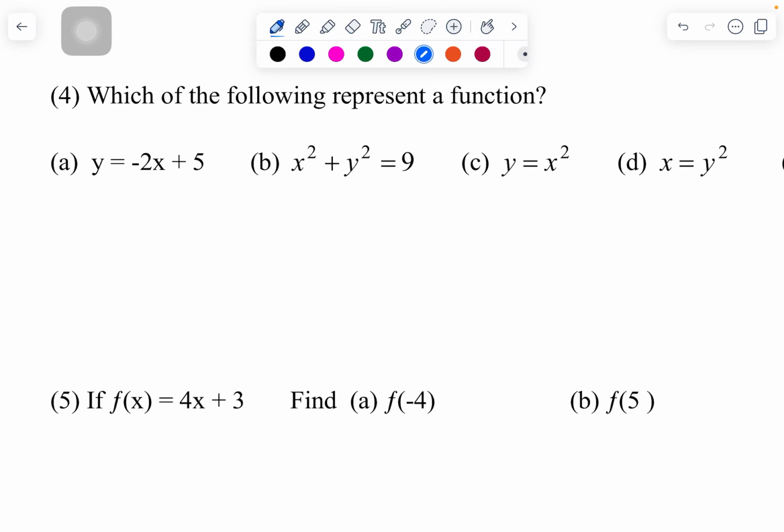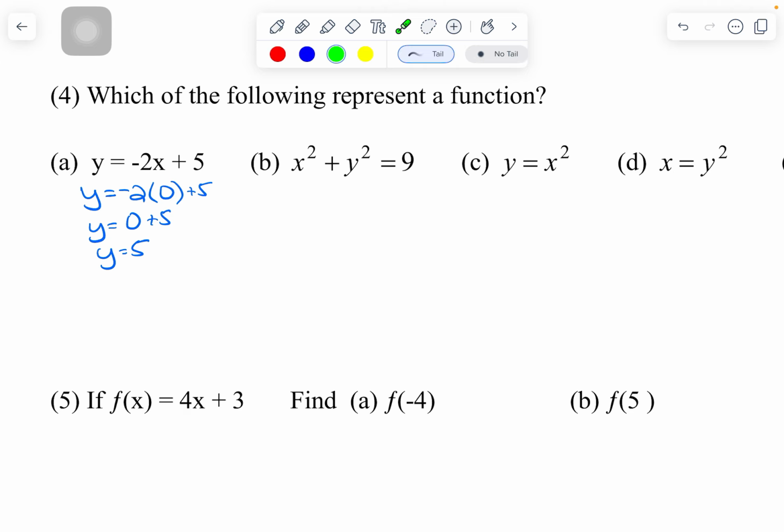So one of the best ways to test is to pick a test value and to see what happens in the function. So let's say, for instance, in problem part A, I want to test an x value of 0. Let's see what happens there. So y equals 0 plus 5, so that means y equals 5.